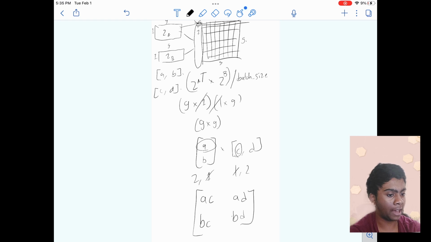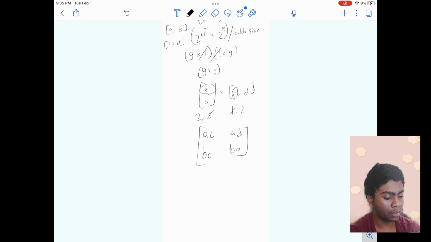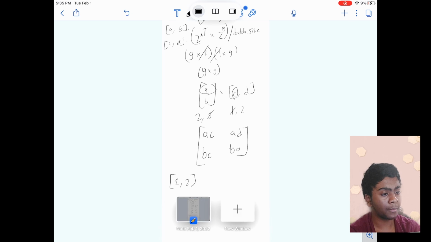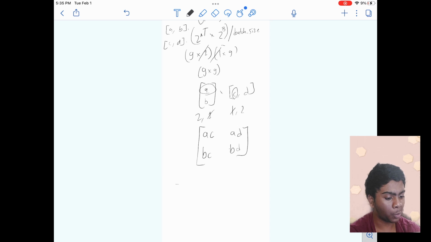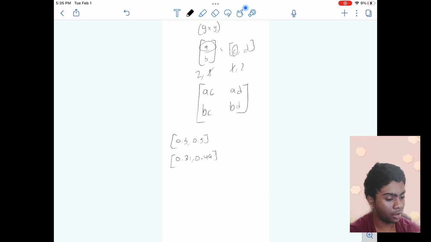Let's say we have, I'm going to use decimals, 0.3, 0.5, and 0.31, and 0.49. So these are relatively similar. So we're going to transpose the first one, 0.3 and 0.5, and matrix multiply them together.